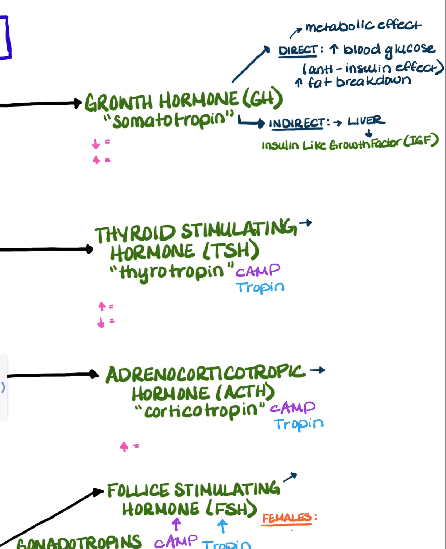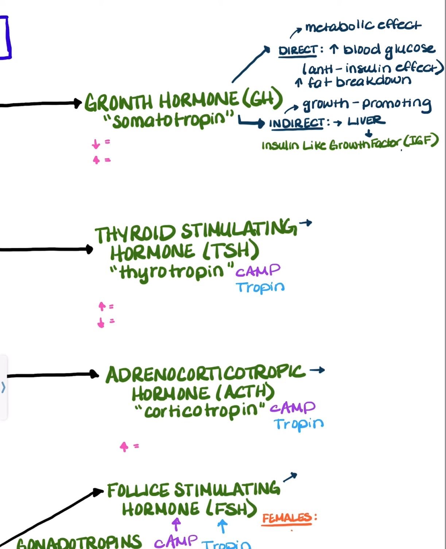Okay, in regards to indirect effects from the growth hormone, we consider these things that promote growth, so growth promoting actions. One way it does this is that it can act at the liver to cause the liver to produce something called the insulin-like growth factor or IGF.